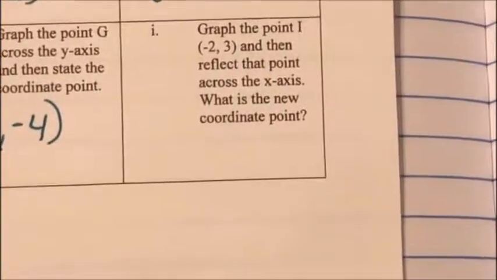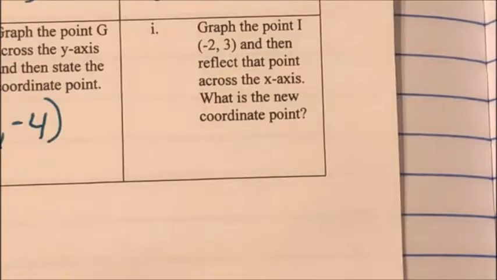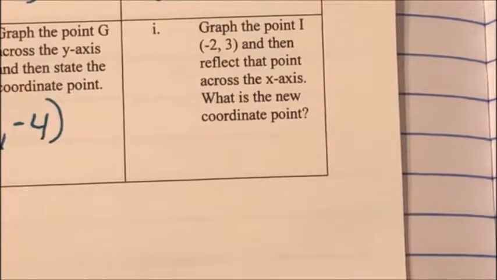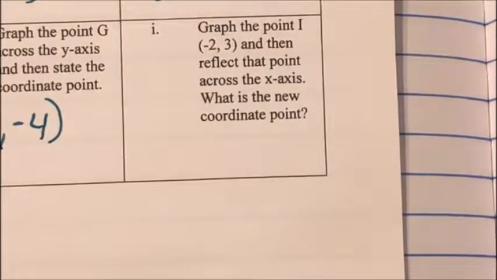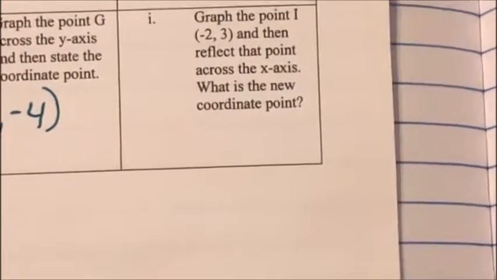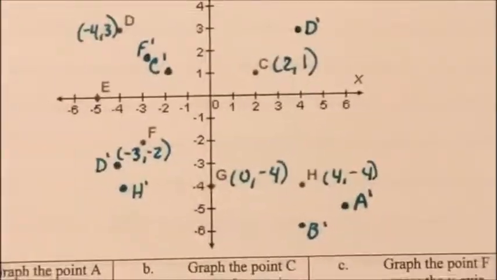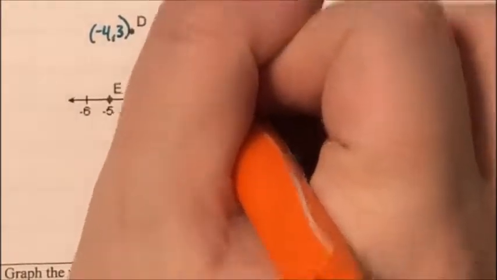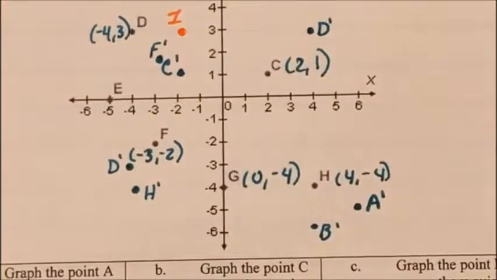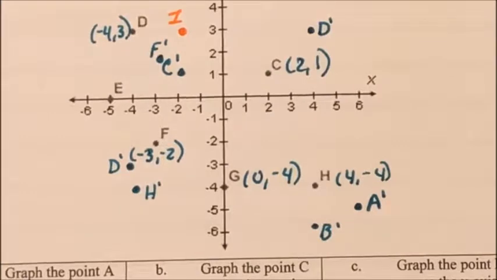Letter I says graph the point I, -2, 3, and then reflect that point across the x-axis. What is the new coordinate point? So graph the point I, -2, 3, so there's I. Okay. And I want to graph it across the x-axis.